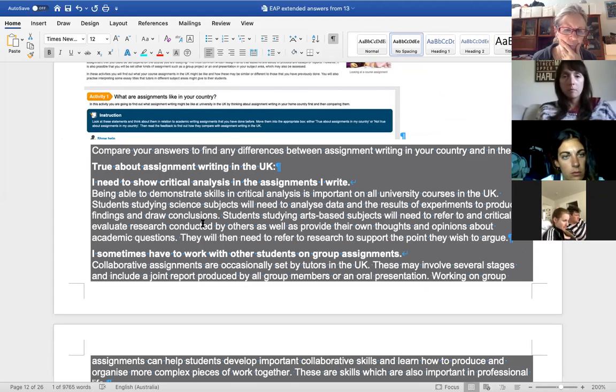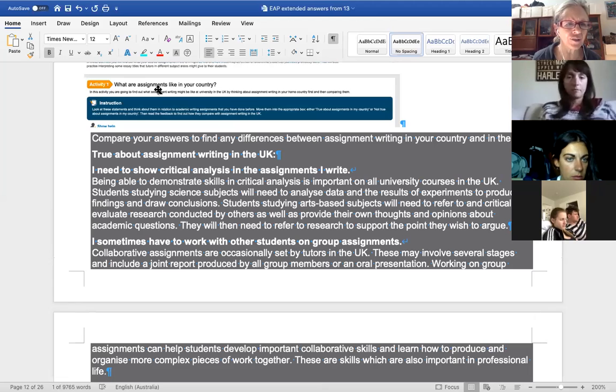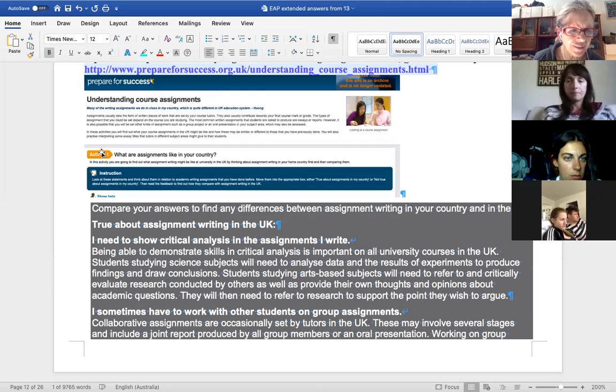So it's showing you how to interpret questions. Being able to demonstrate skills in critical analysis is important in all university courses in the UK. Students studying science subjects will need to analyse data and the results of experiments to produce findings and draw conclusions. So if you go to this website, it's a little activity 1 down to activity 10 or so.